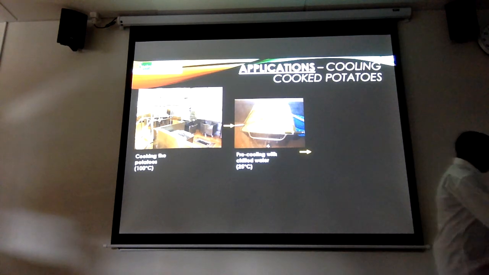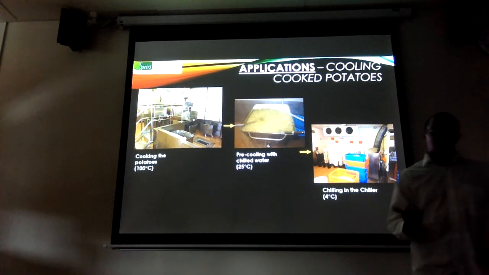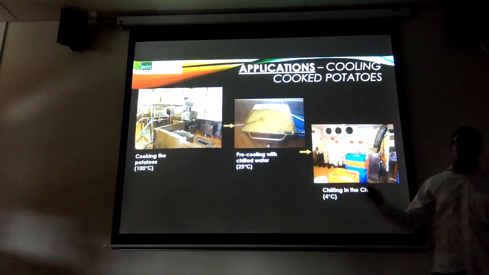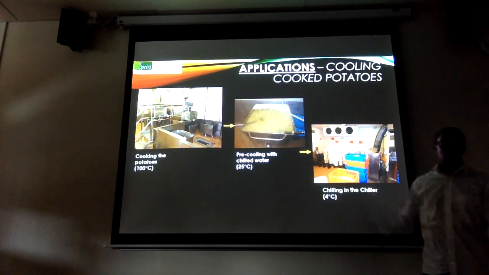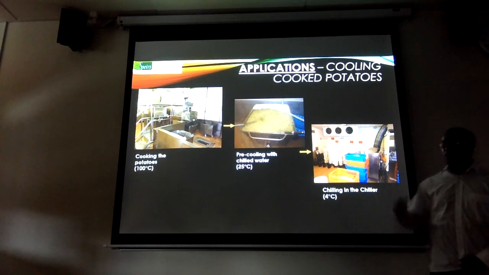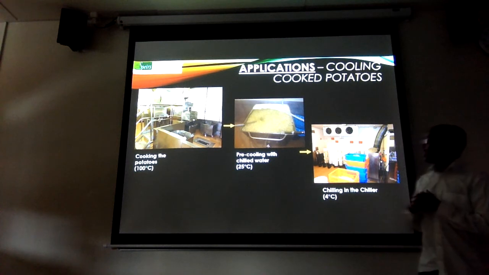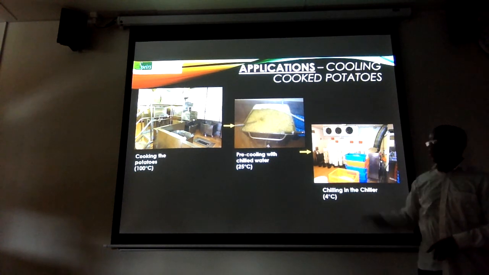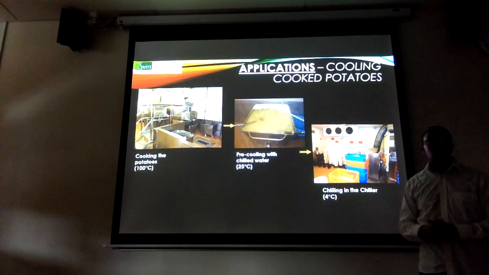And then finally, it's put in a chiller that's at 4 degrees. Now, we want to model this process so we can optimize it. If you can optimize this process, then we can minimize the water loss, and we can also predict how long it will take the product to reach the desired temperature.